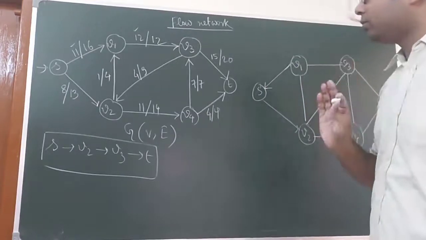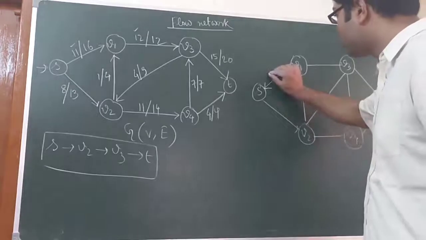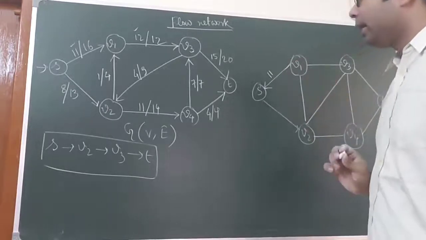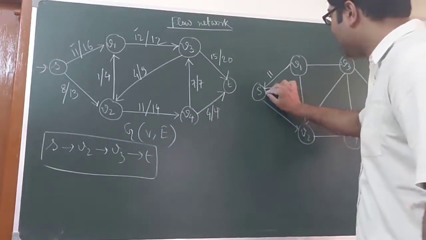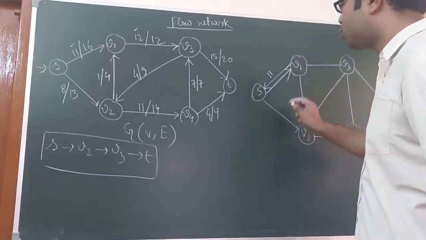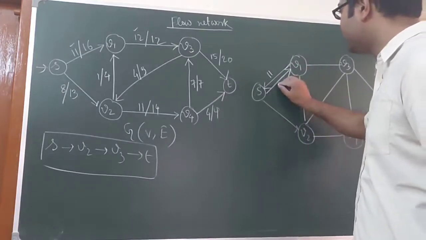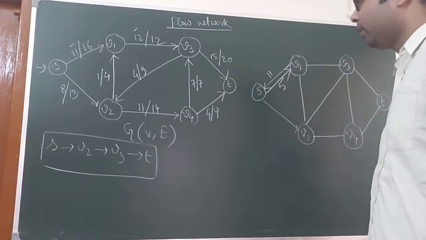This particular thing is called cancellation. So the amount is 11 and we can increase from S to V1 by 5.